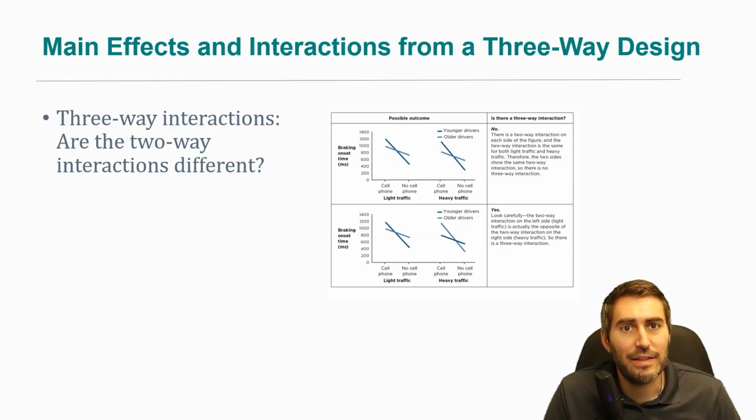However, we can see that there is a three-way interaction present on the bottom graph. If you look closely, you can see that the two-way interactions are actually opposite from one another in the bottom graph. Since these change or are different at the two levels of our third independent variable, in this case traffic level, then there is a three-way interaction present.